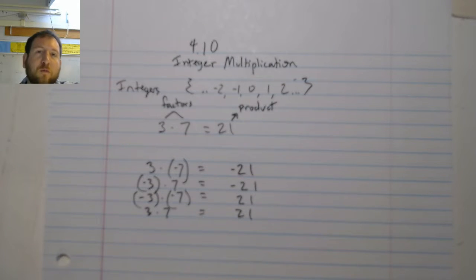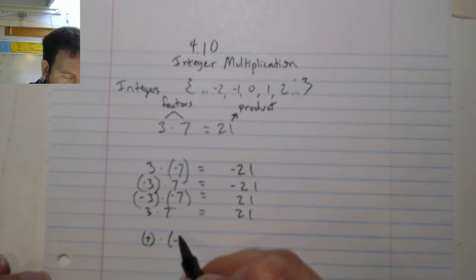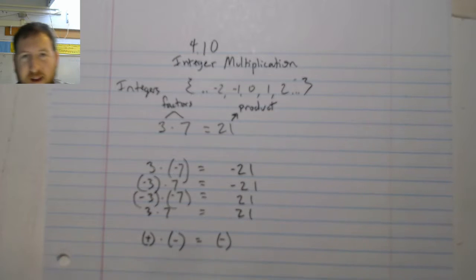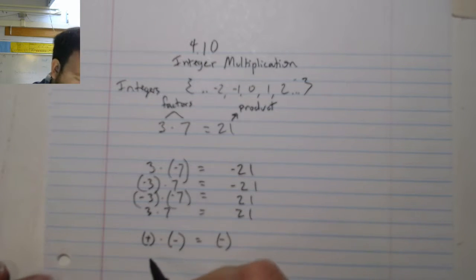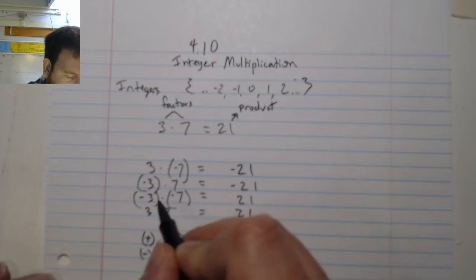If I was going to write rules for this, if I was going to simplify it even more, I could say that a positive times a negative equals a negative. And I'm just purely looking at the signs. A negative times a positive equals a negative.